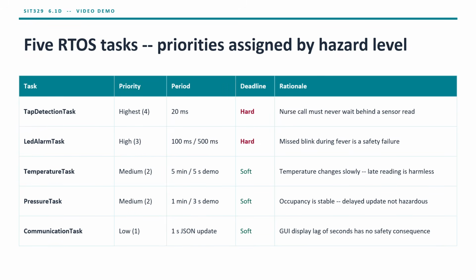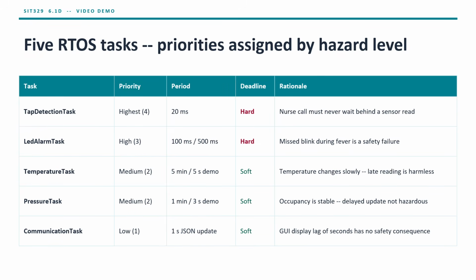Communication task is the lowest priority, also with a soft deadline. A 1 or 2 second delay in the GUI has no safety consequences. The shared system state structure is protected by a FreeRTOS mutex with priority inheritance.